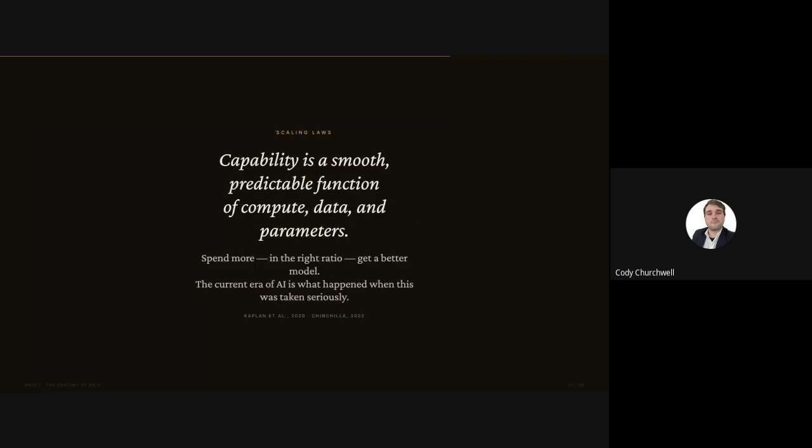Now, there's a remarkable empirical fact about all of this. Scaling laws. Scaling laws are the equations that predict capability from money. Empirical equations, first published by Kaplan and others at OpenAI in 2020, and refined in DeepMind's Chinchilla paper in 2022, they show model capability as a smooth, predictable function of three variables: compute, data, and parameters.